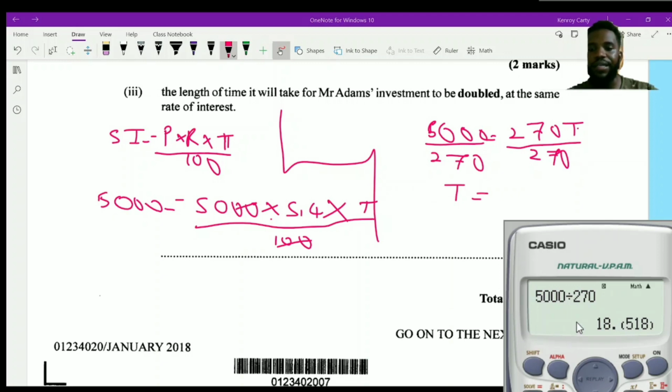All right, so basically this is going to be taking 18 point something years. All right, so let's go back and put that in now. So that's 18 and a half years. Let me put that there. So it would be 18.5 years or 18 and a half years basically for it to double.